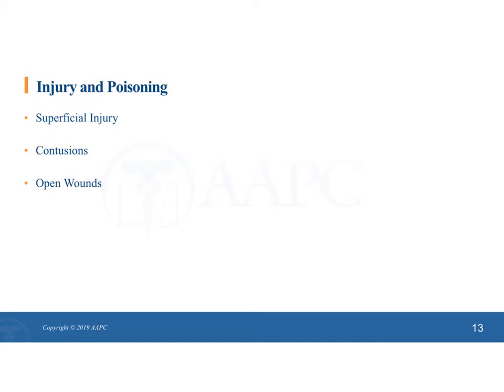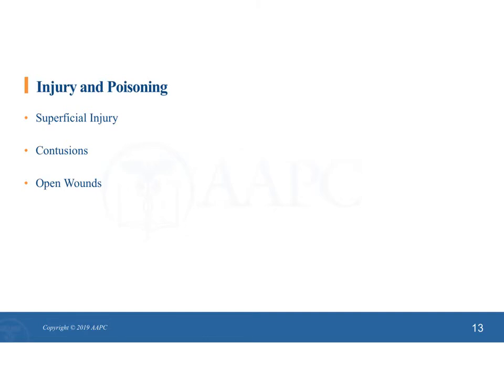Superficial injuries and hematomas are not coded when they are part of a more serious injury to the same site. Open wounds include lacerations, puncture wounds, and open bites. Code selection is based on the type of superficial injury or open wound and the location. Most categories in ICD-10-CM injury and poisoning have a 7th character requirement for each applicable code.